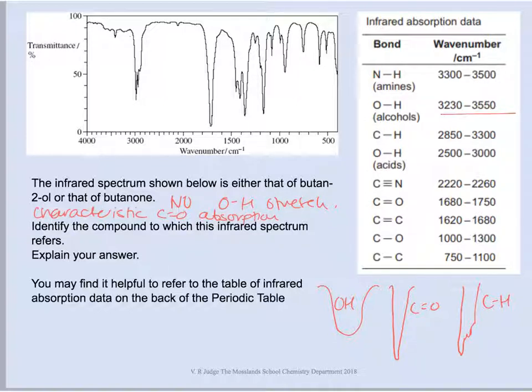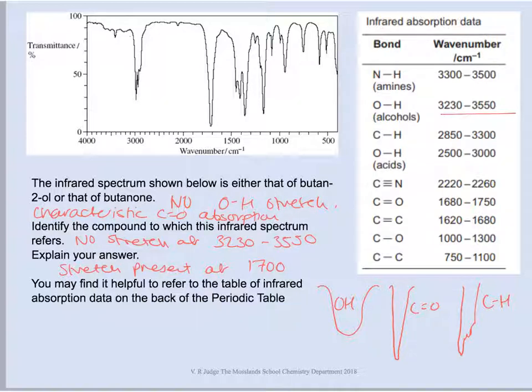Okay, so if this was a 4-mark answer, you've got 2 of the marks by pointing out the functional groups that are present or not present. So there's no OH stretch over here, and there is a characteristic carbonyl stretch here, so there's 2 marks. Your other 2 marks are for using the wave numbers in your answer. So no stretch at 3230 to 3550 wave numbers, but there is a stretch at 1700, so that would get you the 4 marks if you say what the wave numbers are and what the functional groups that they represent are.